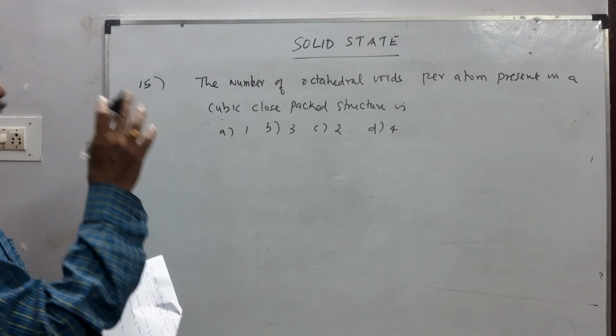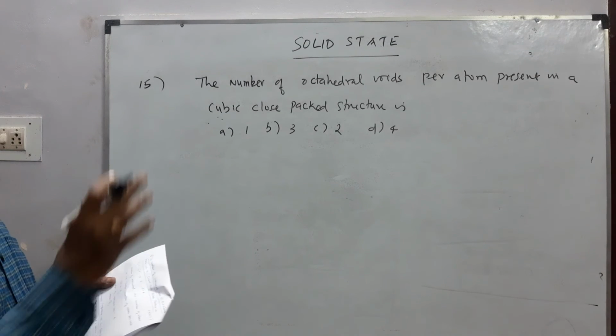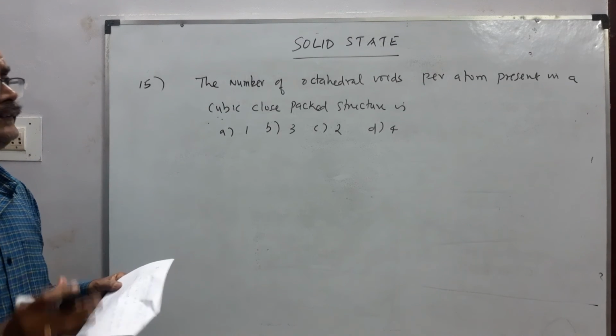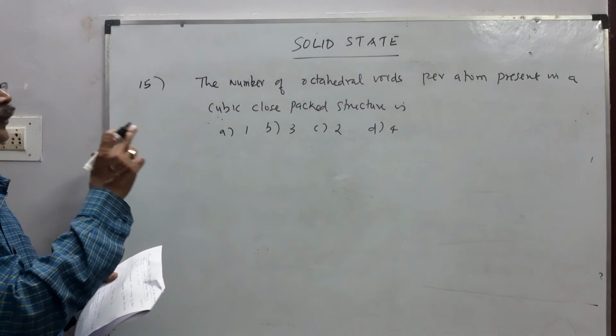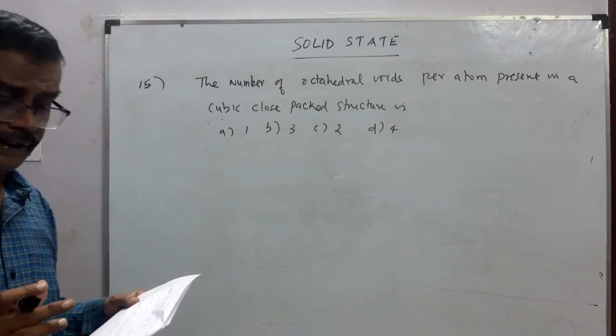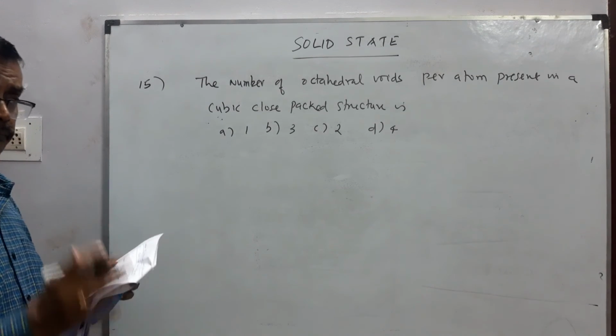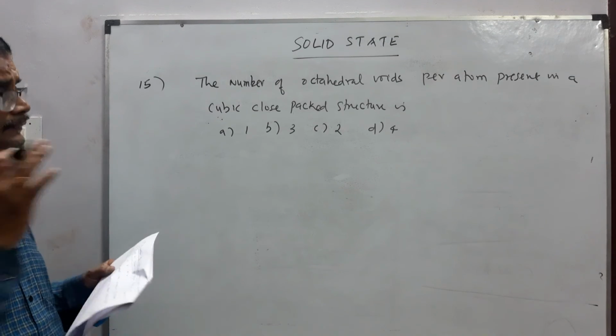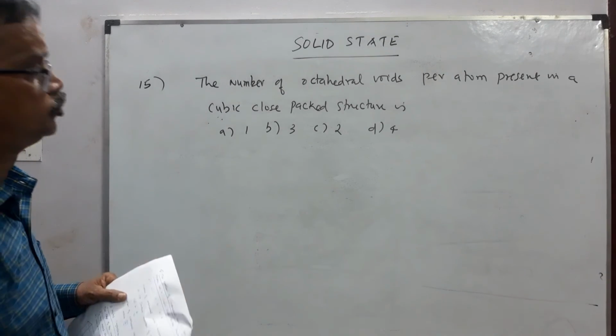You know, the number of octahedral voids present in a cubic close packed structure is equal to the number of atoms present in a cubic close packed structure.